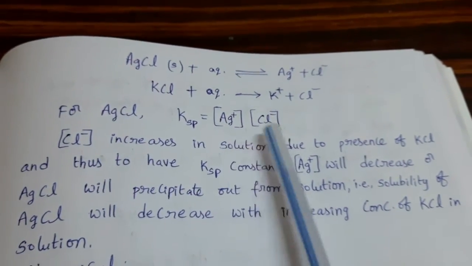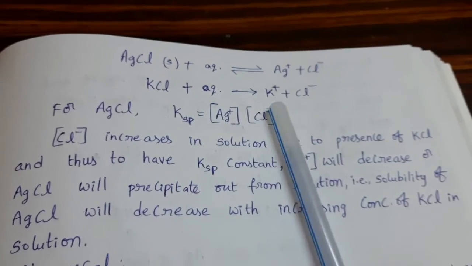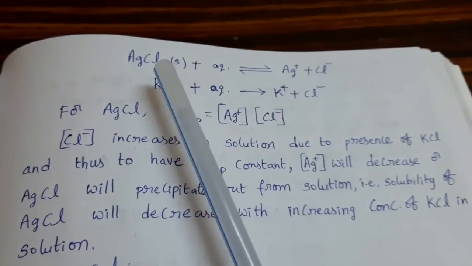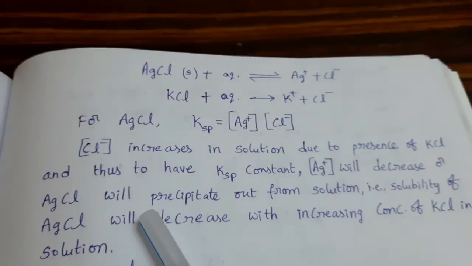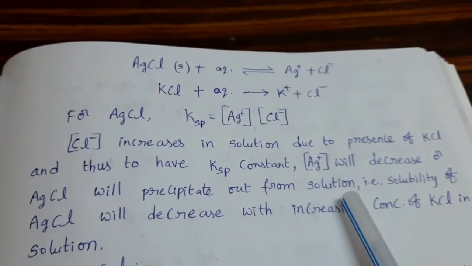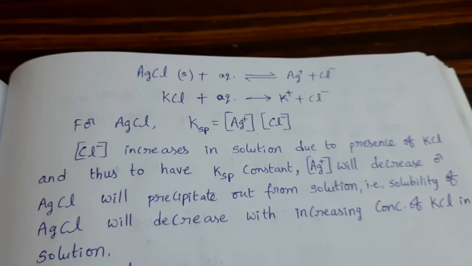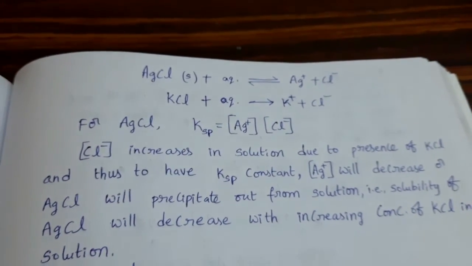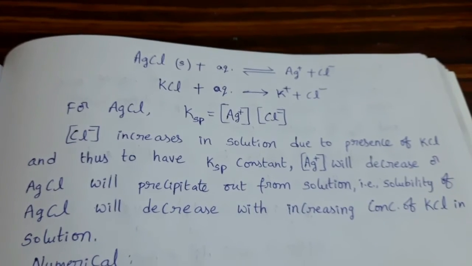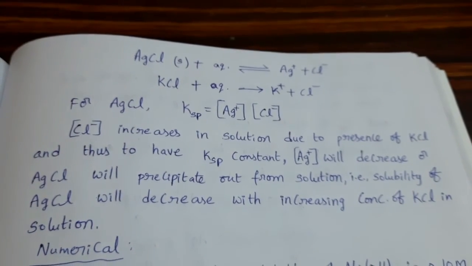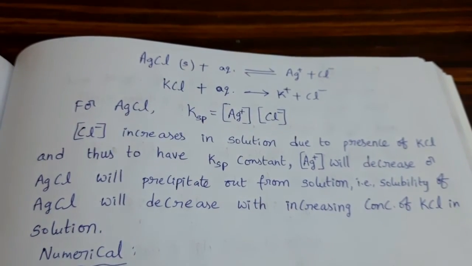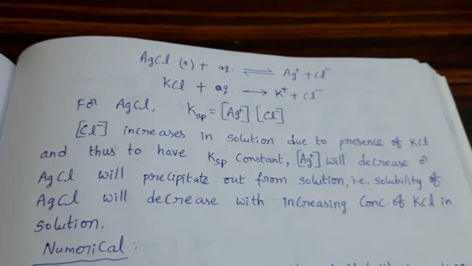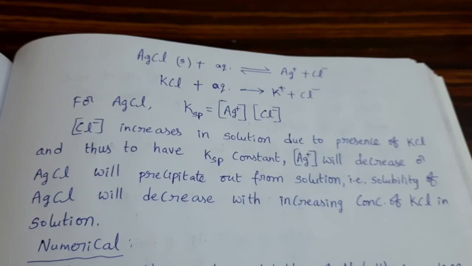That means these two ions react with one another and form AgCl. AgCl will precipitate out from the solution. So solubility of AgCl will decrease. Precipitation formed means solubility decreases with increasing the concentration of KCl in solution. So students, this is the common ion effect on sparingly soluble salt.